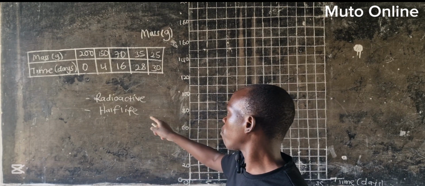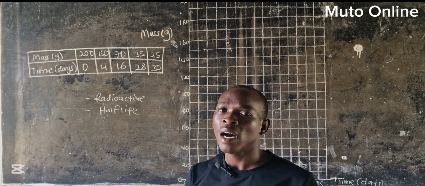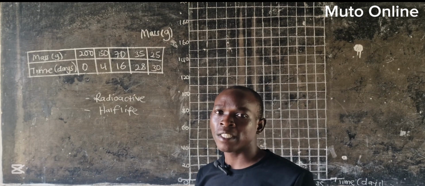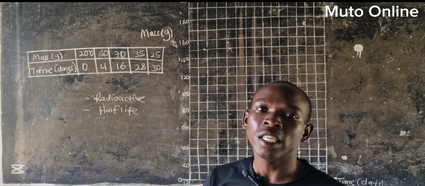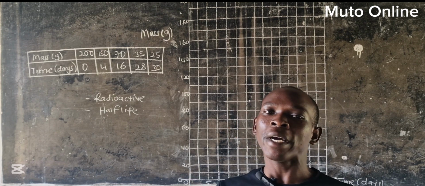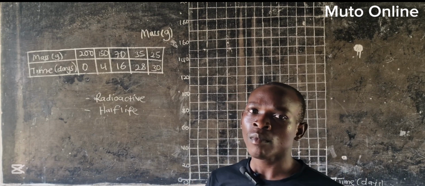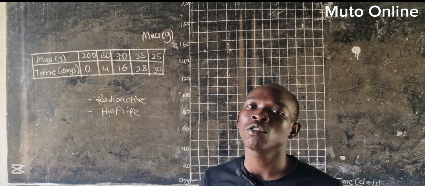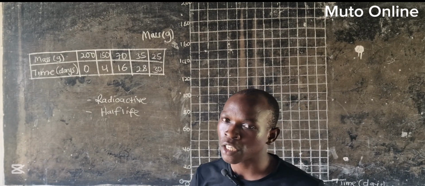First of all, you have to know what a radioactive item is. Radioactive comes from radioactivity. Radioactivity, by definition, is the spontaneous or continuous disintegration of a heavy unstable nucleus to form a stable nucleus accompanied by the release of energy and radiations.